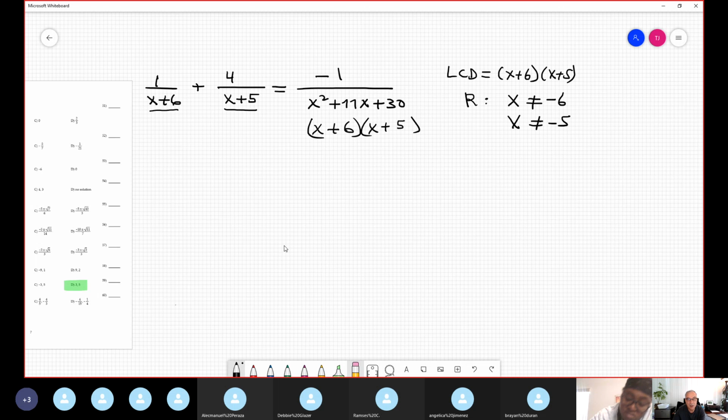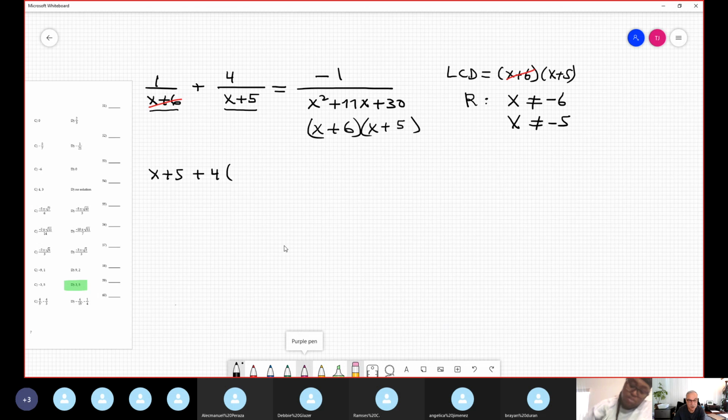Okay, now the multiplication. When you multiply the first one, it's obvious that this and this cancel and stay only x plus 5. Plus 4 times something. This is 4.